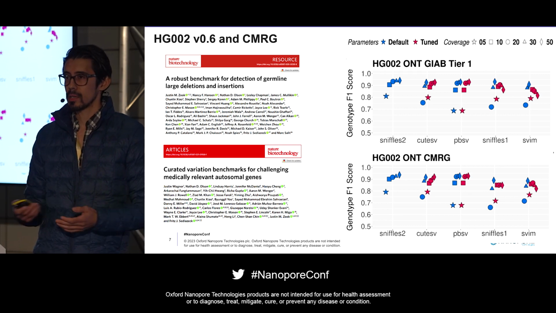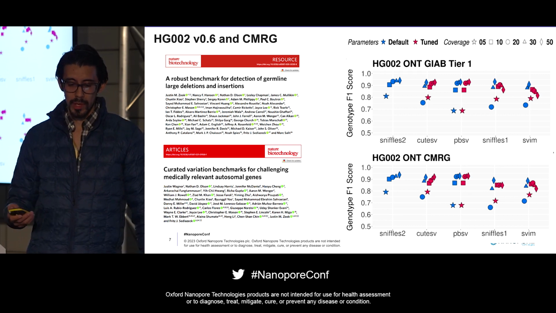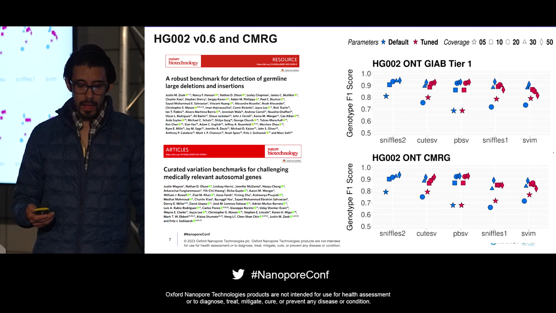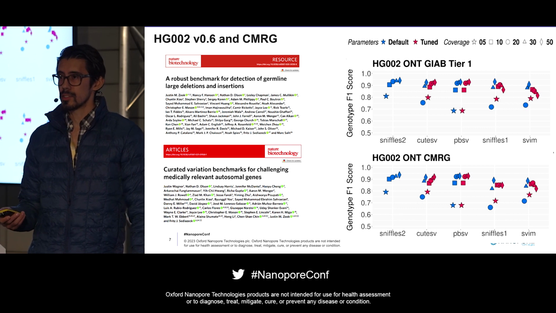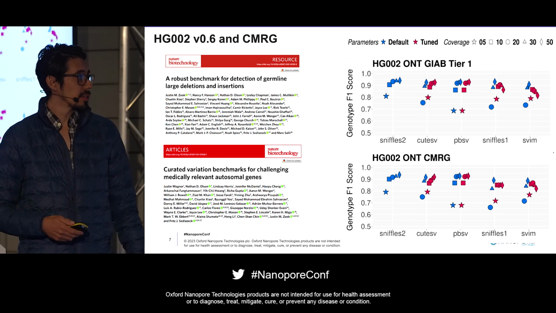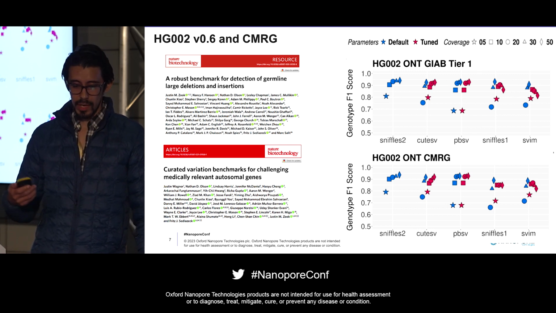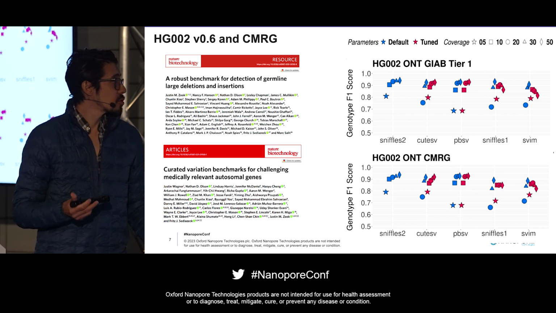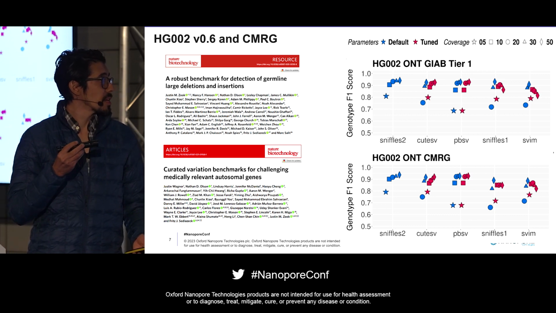First, we benchmarked it against currently available tools at the moment: cuteSV, pbsv, Sniffles 1, and SVIM. For that, we used the HG002 Genome in a Bottle benchmark, both the Tier 1 and the challenging medically relevant genes. As I can show you here, Sniffles 2 is the best performing.